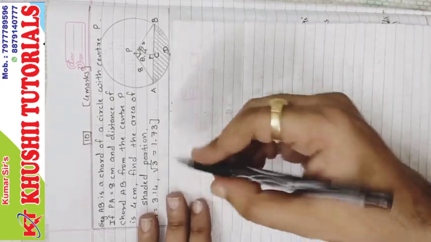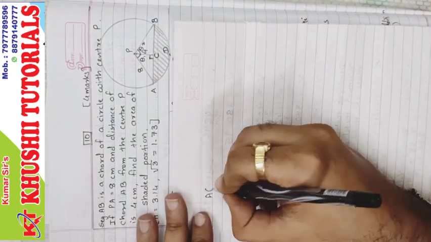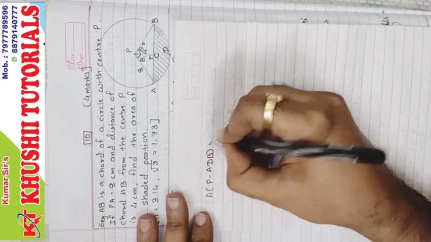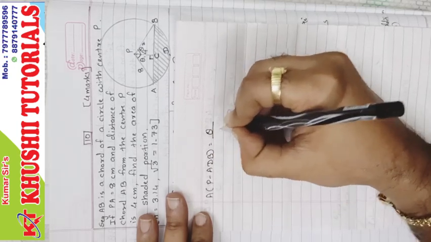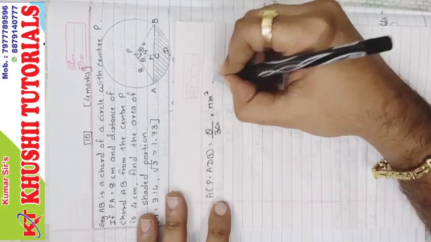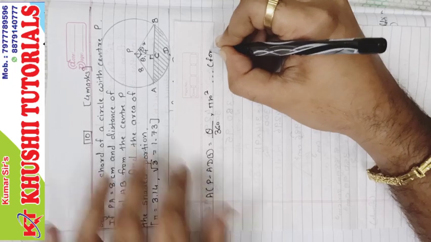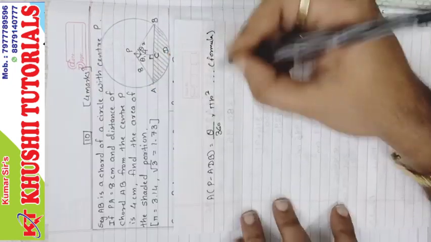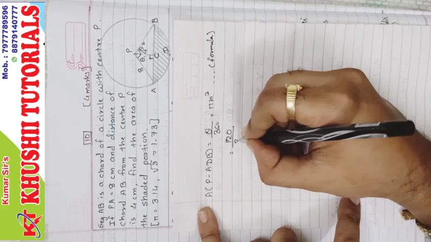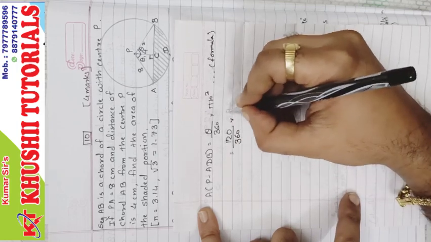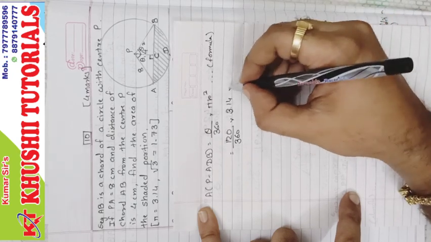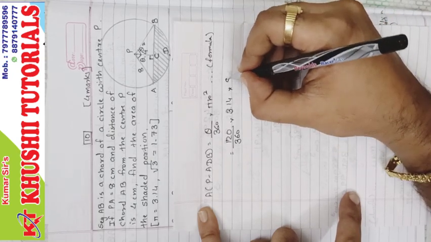So let's start now. Area of sector P' ADB. The formula will be theta upon 360 into pi r square. Theta we know is 120 degrees upon 360. Pi is 3.14 into r square. R is 8 square.